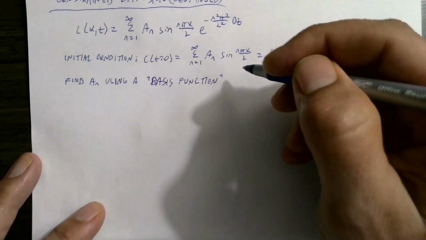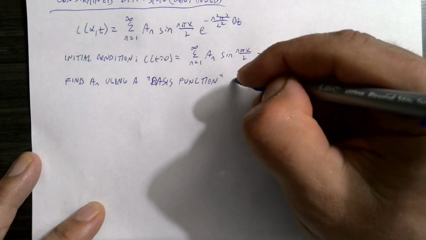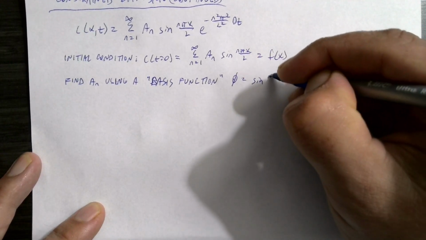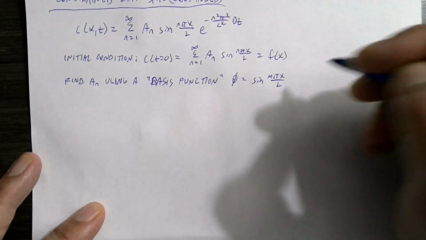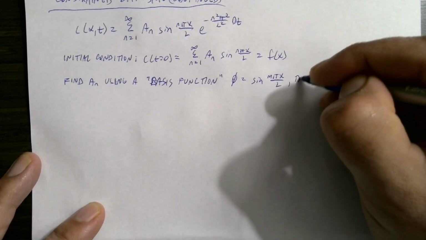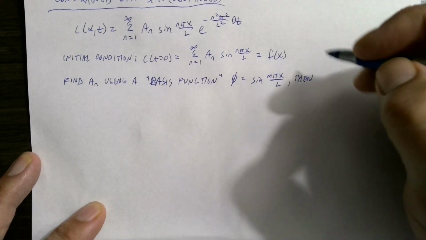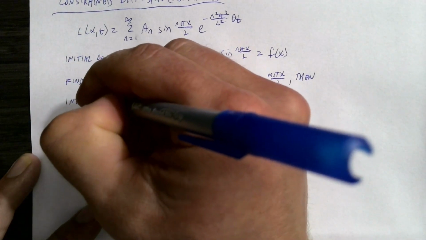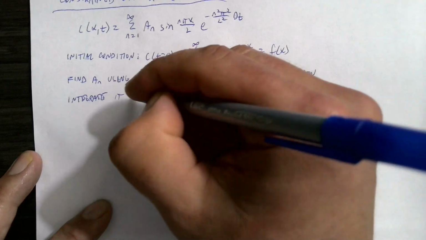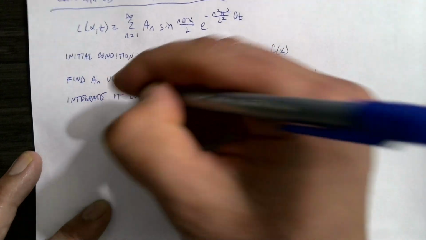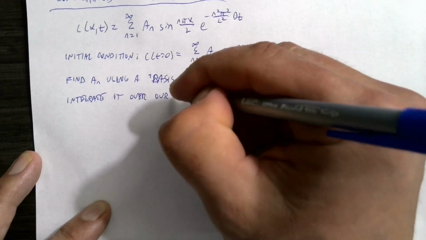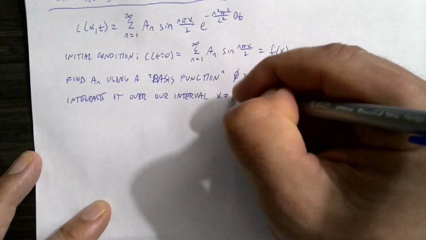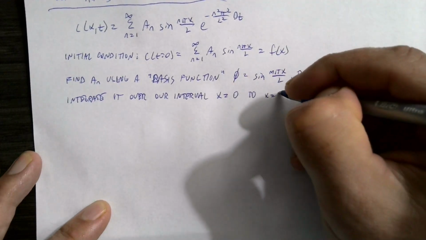So we're going to use a basis function here, which we're going to call phi, and in this case, we're going to choose phi as sine of m pi x over L, and then we're going to integrate it over our interval here, x equals 0 to x equals L.